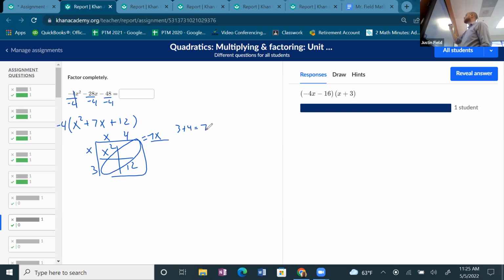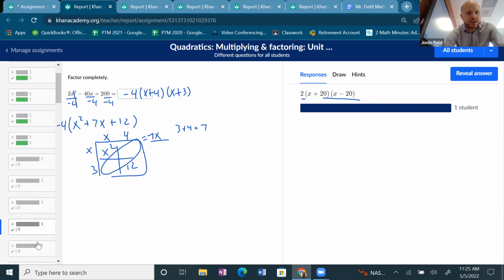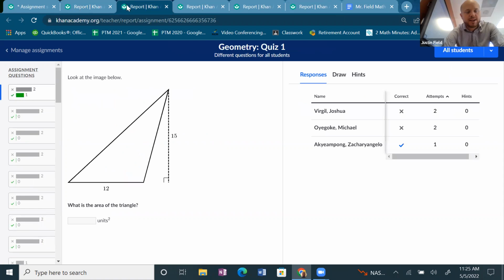So the factored form would be -4, x plus 4, x plus 3. All right. So factoring, multiplying, and you can put the ones in the organizer that you want help with for that. There's a whole unit test.